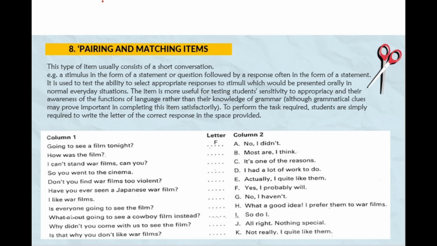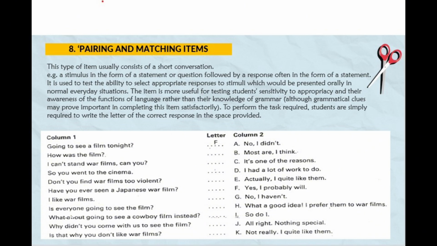The eighth type is pairing and matching items. This type of item usually consists of a short conversation. For example, a stimulus in the form of a statement or question followed by a response, often in the form of a statement. It is used to test the ability to select appropriate responses to stimuli which would be presented orally in normal everyday situations.